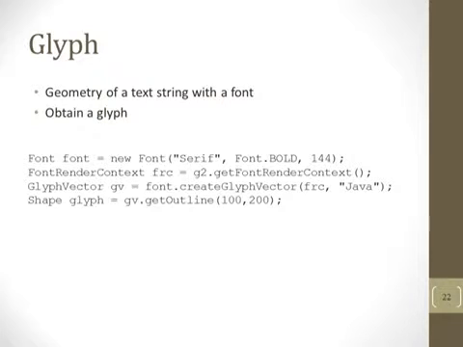It can be obtained from the Graphics2D object by calling the method getFontRenderContext. Once the glyph vector is created, the shape object corresponding to the glyph can be obtained by the getOutline, as we can see here, from the point 0, 100 to 100. So this is a simple example of what we said.